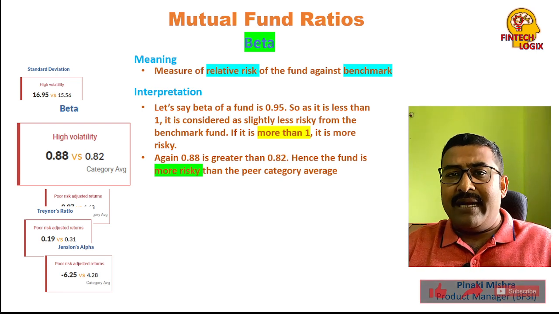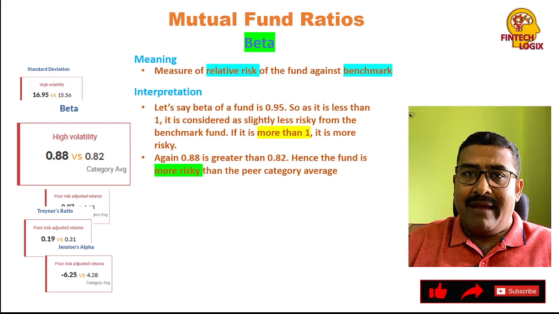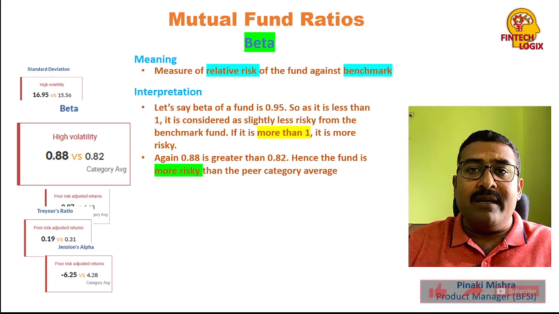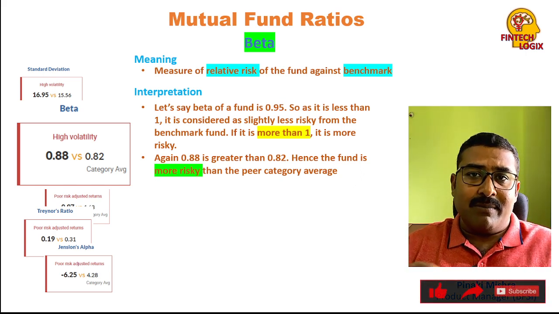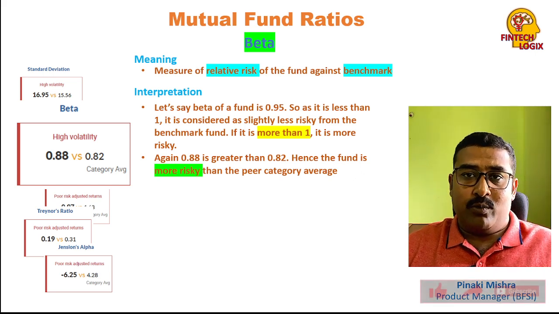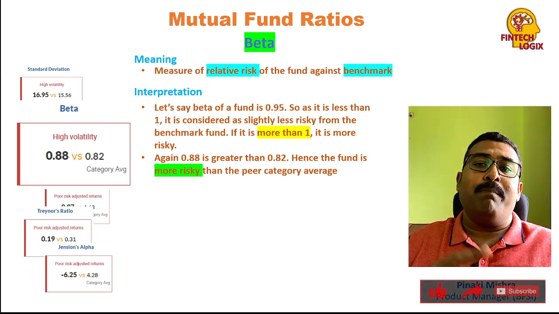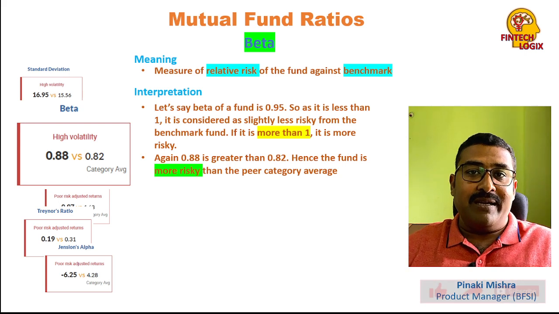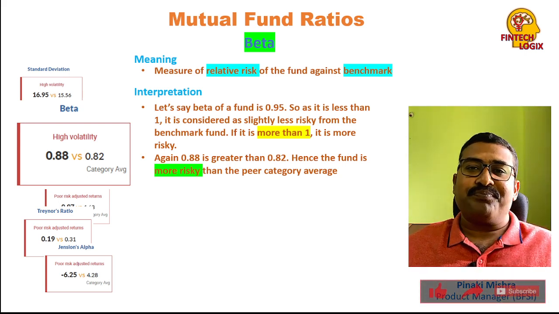This means that the mutual fund we are looking at has a beta value of 0.88, whereas the peers in the same category, with probably similar returns and similar content, have a beta value of 0.82. So that means this mutual fund is higher in risk than the peer category, which is a bad sign. We should definitely look at it with this interpretation.